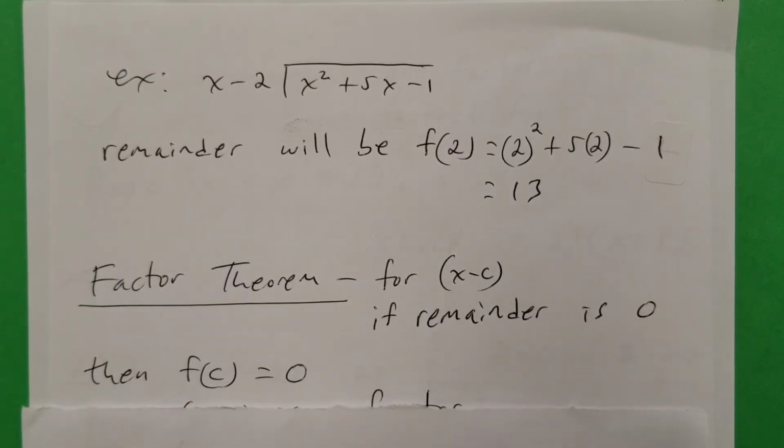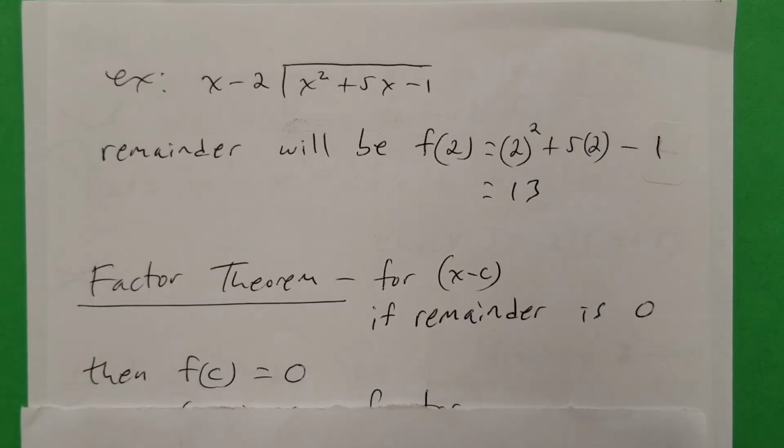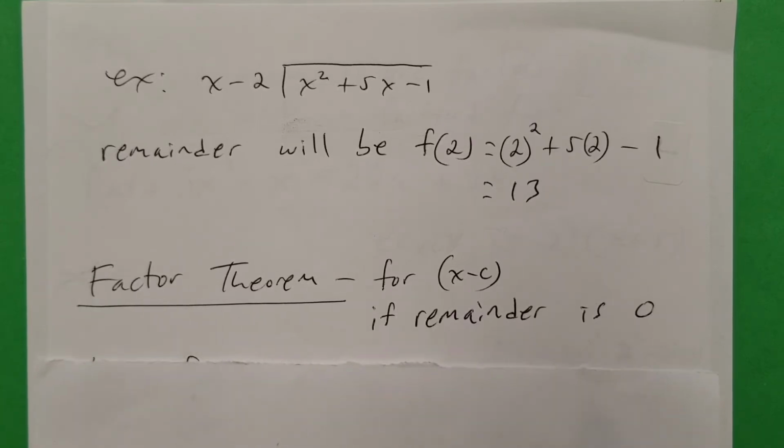If the remainder is 0, that means that you're dealing with a factor. There's no remainder, it's a factor. Going back to those numbers, 2 into 6 is a factor. But 2 into 5, 2 is not a factor of 5 because there'll be a remainder.